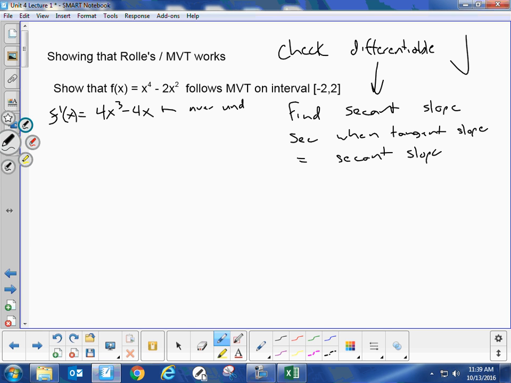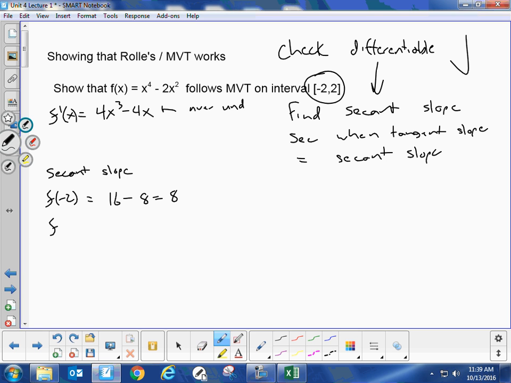Next, we have to find the secant slope. All we need for a secant line is 2 points. I have the 2 points, the 2 x's. We just need to find the 2 y's for those 2 x's. So I plug in -2. I get 2, 4, 8, 16 minus 8, which is 8.